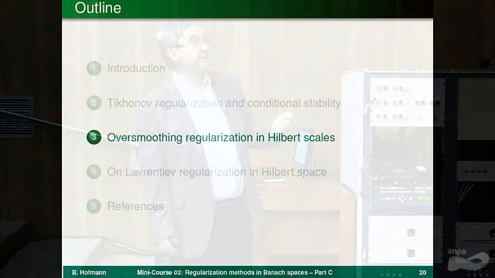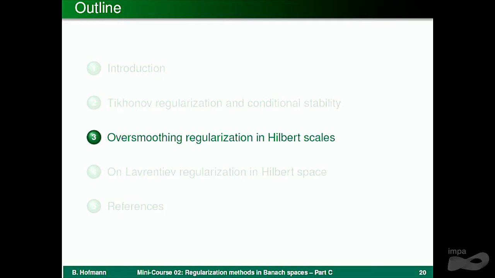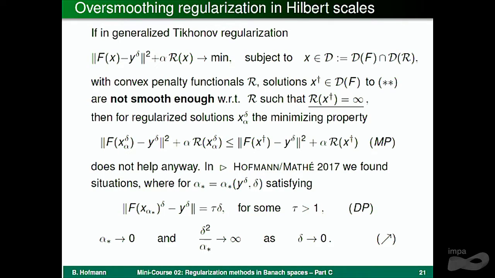It makes problems in the case of oversmoothing regularization. Oversmoothing regularization, I show it in a rather simple way, and this is our very small step in order to come to another result after the very, very old paper by Frank Natterer from the 1980s.